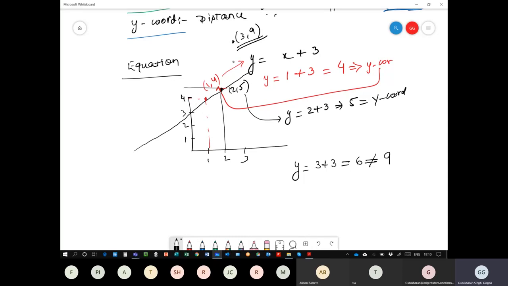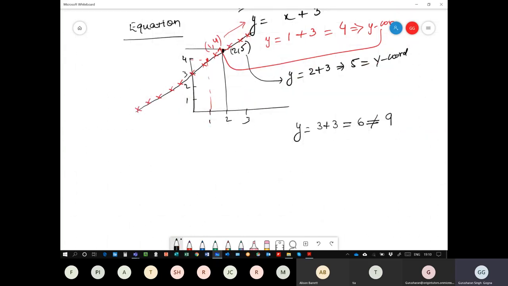And the reason for that is the point is not on the line. So only those points which are on the line will satisfy the equation, which means if you substitute their x coordinate, you will get an answer equal to the y coordinate of the point.